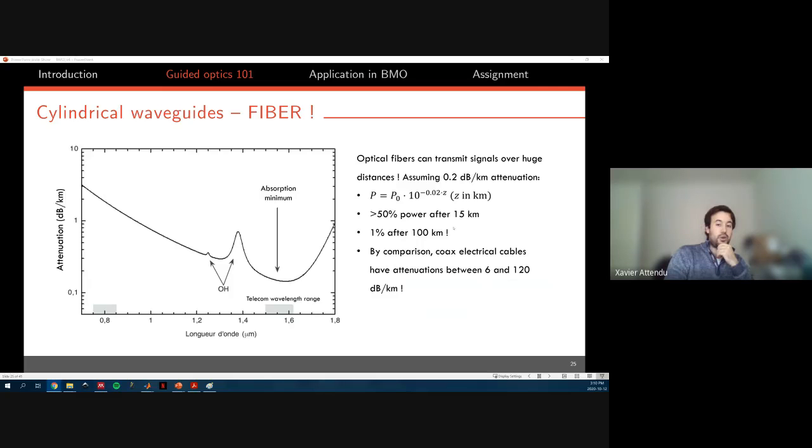You could probably go 1 kilometer or so, and then you would need some kind of amplification, otherwise your signal would be lost. So you'd have to have amplifications every kilometer crossing the Atlantic Ocean. Just an example of why fibers are so useful.